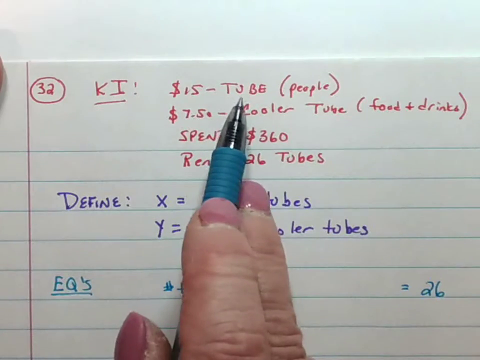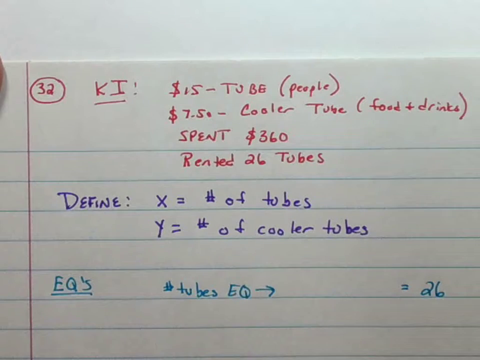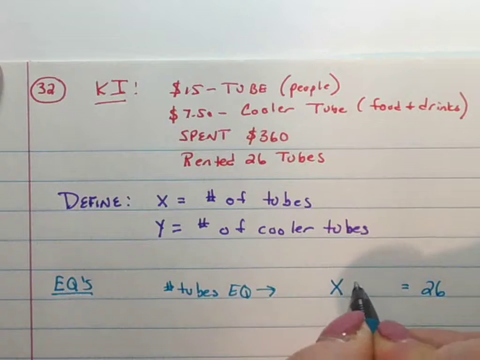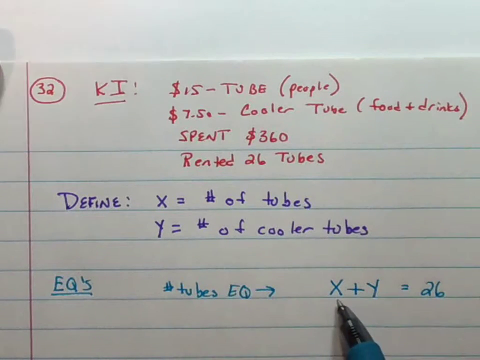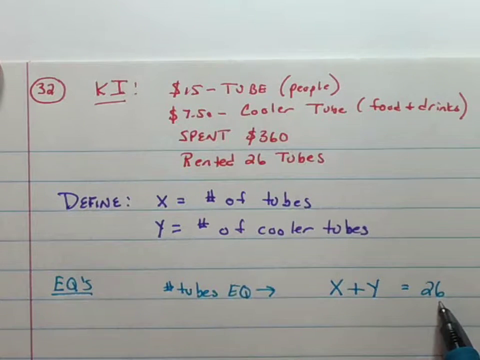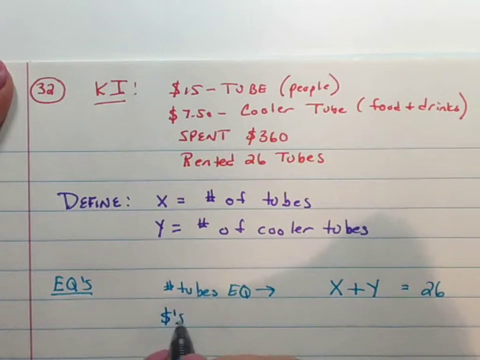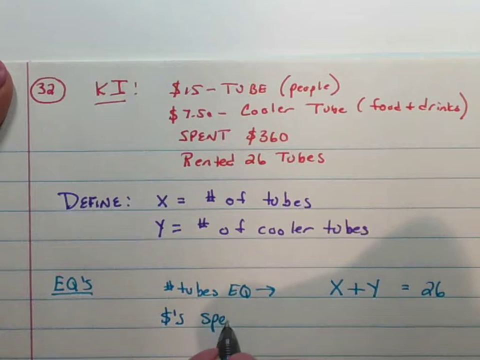But you don't know how many are regular tubes and how many are cooler tubes. So, you know that X plus Y has to be 26. And then you have an equation for dollars spent.